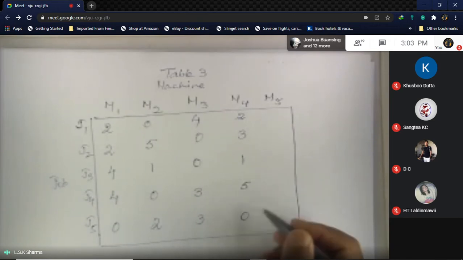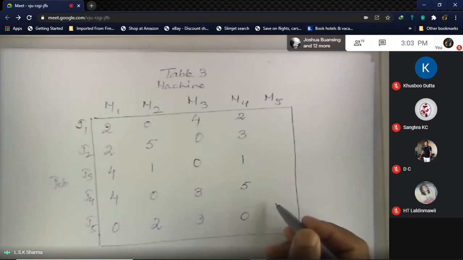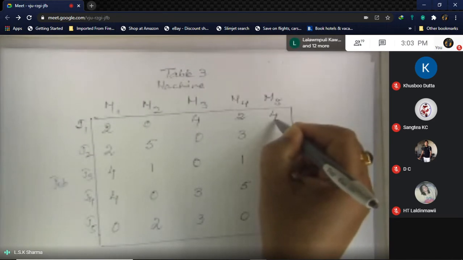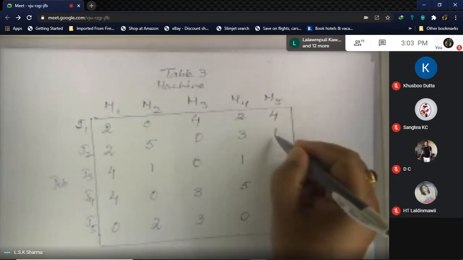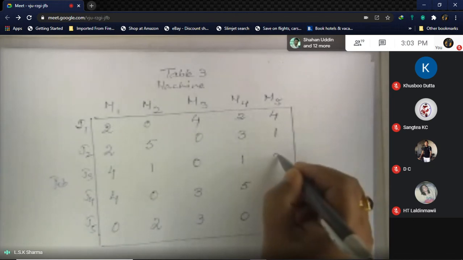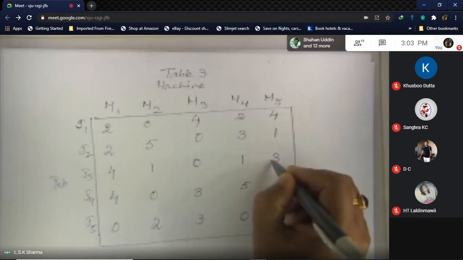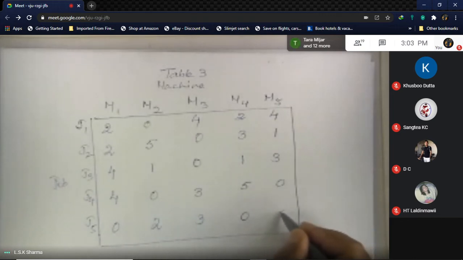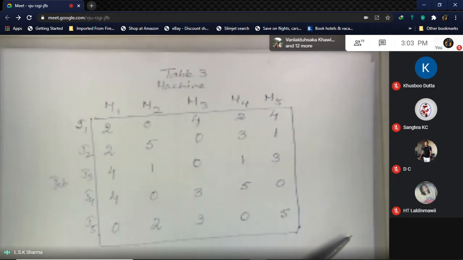And for M5, the smallest number is 2. 6 minus 2 is 4. 3 minus 2 is 1. 5 minus 2 is 3. 2 minus 2 is 0. 7 minus 2 is 5. Okay. Now we have come up to the second step. Now go for the third step.